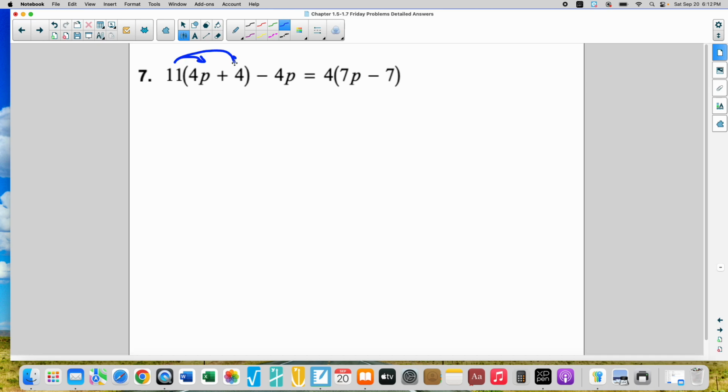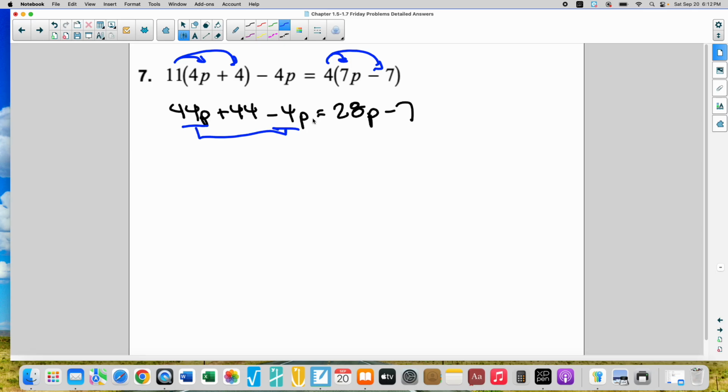Distributing. 11 times 4p is 44p. 11 times 4 is 44. Minus 4p equals 4 times 7 is 28p minus 7. Remember, simplify. We have like terms on the same side of the equal sign.